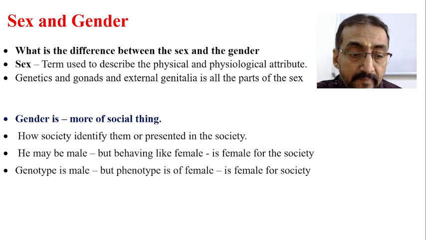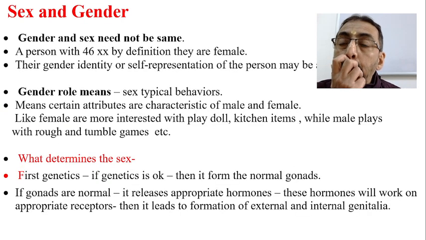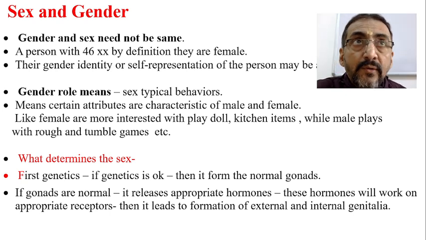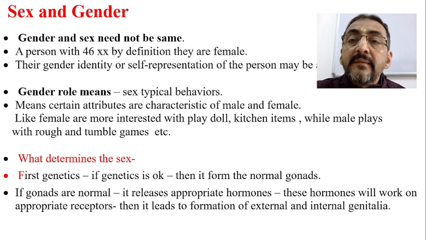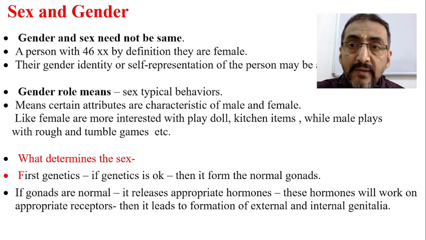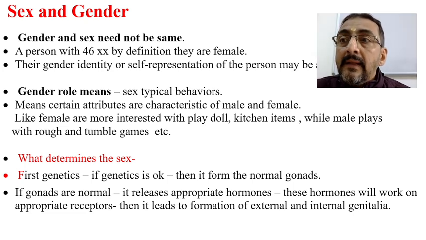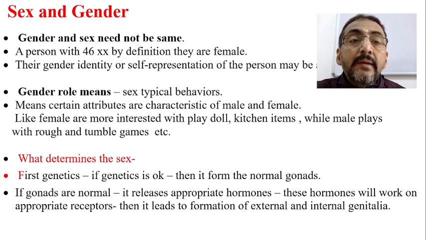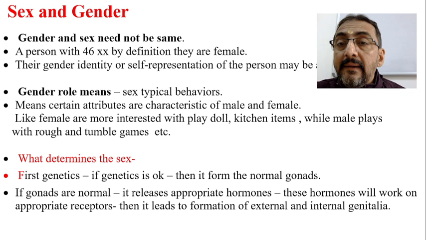Now, gender and sex need not be the same. We know that a person with 46XX, by definition, is female, isn't it? Their gender identity or self-representation may be as a male.